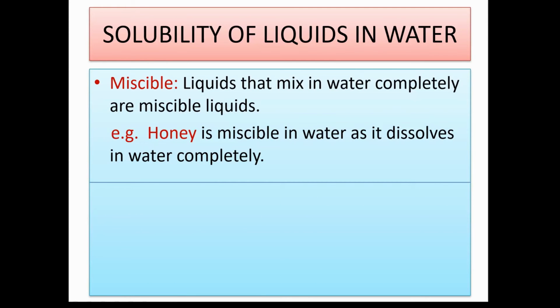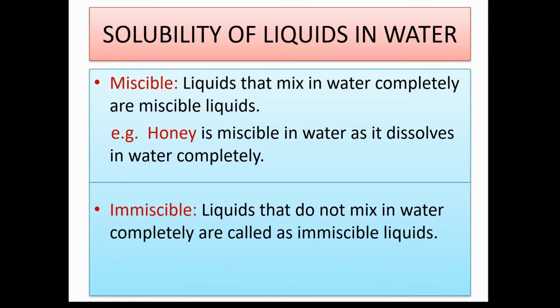Can you think of an example? Honey, when you mix it with water, dissolves completely in water. So honey is miscible in water. Now why are you using the term miscible? Because both honey and water are liquids.